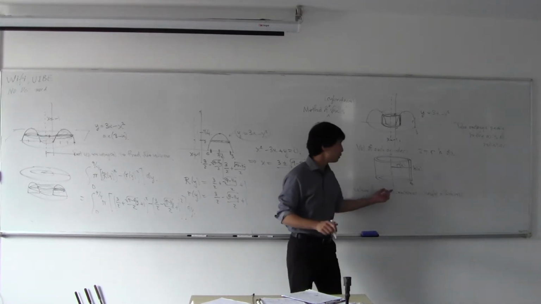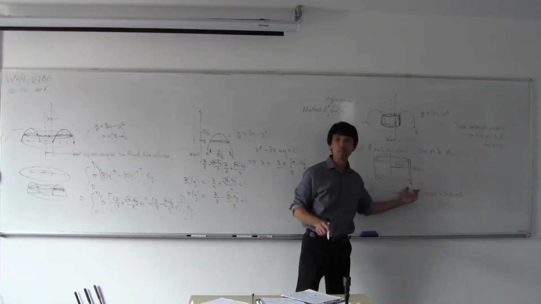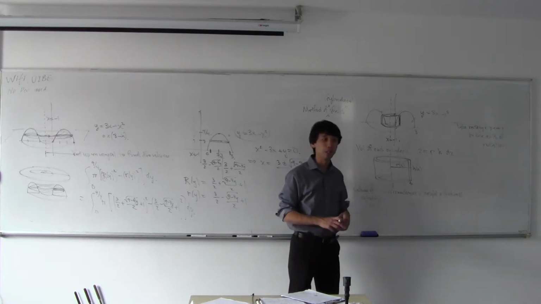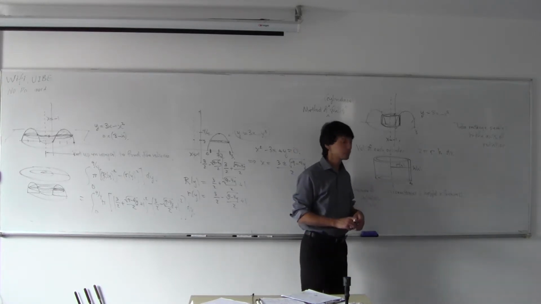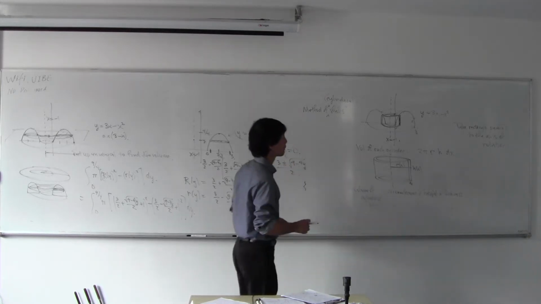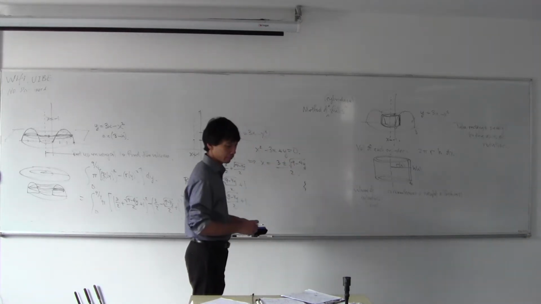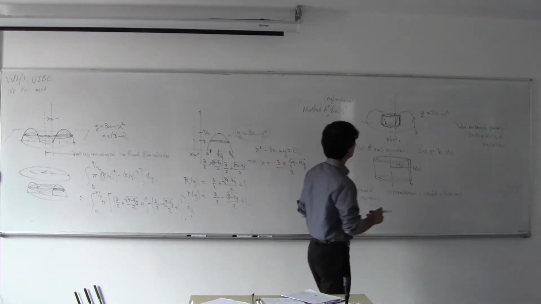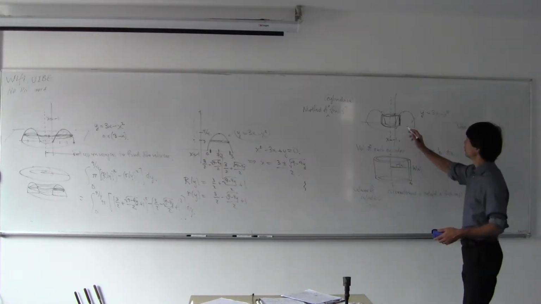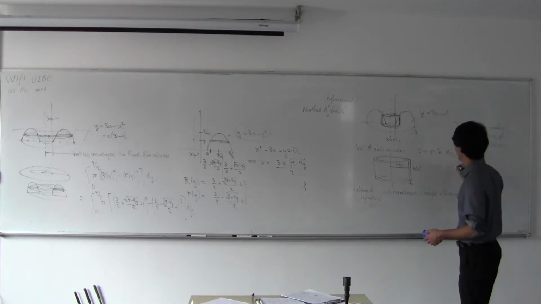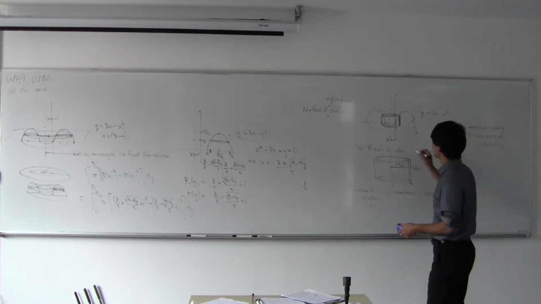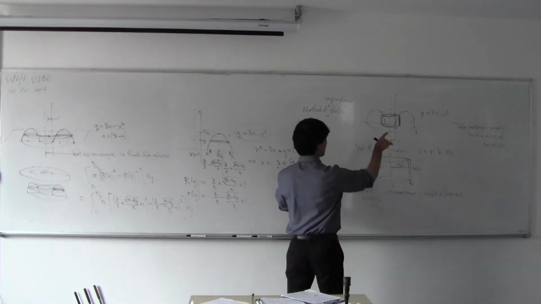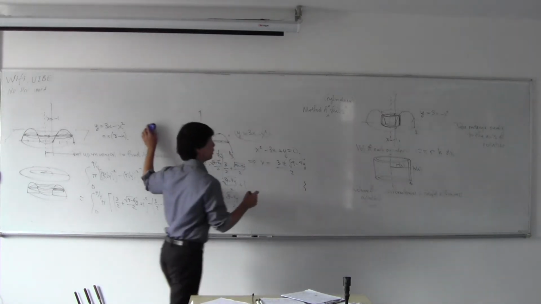Okay, so circumference times height times thickness will give you the volume of the shell, and then you sum up all the shells. So in this picture here, let's do it here.